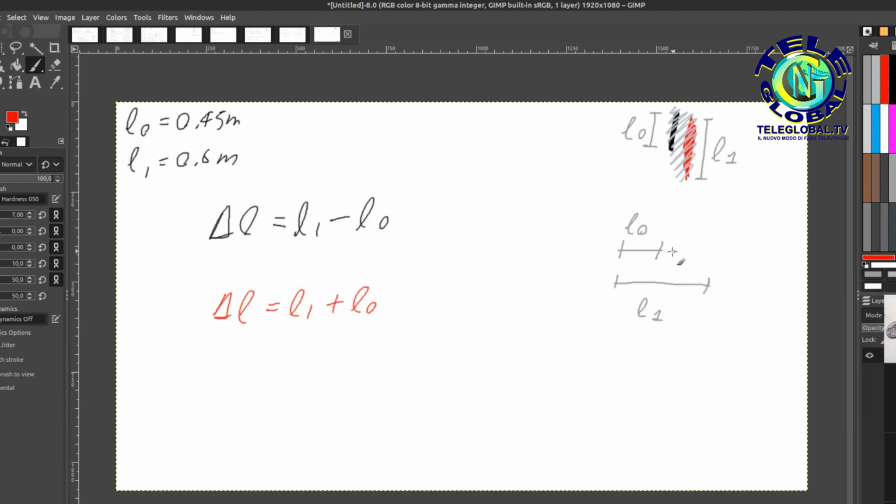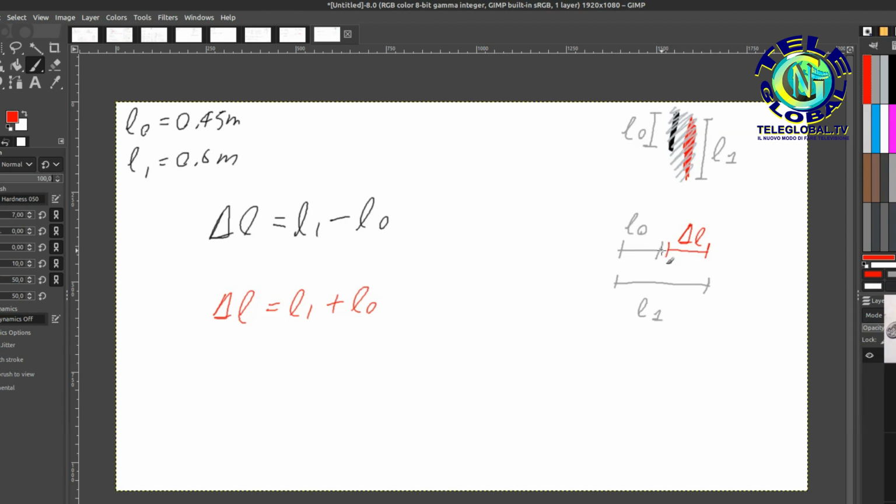Now, would you agree that the change in length from this to this is this line I drew in red? That line. Yeah.